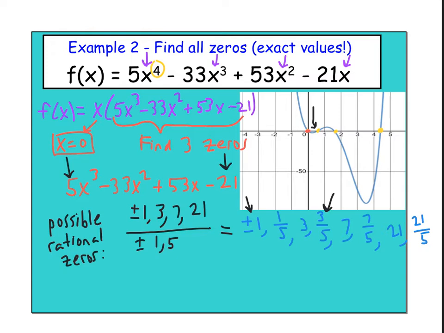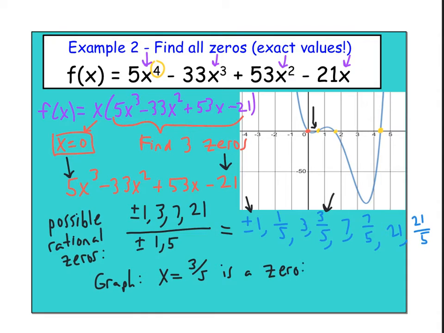So let's try it. We're going to check 3/5. Or what you could do is graph the thing and find the 0. And if you know that it's 3/5, you can use that. But here's what we're going to do. Let's say we graphed it, and let's say we know that x equals 3/5, it might show up as 0.6, is a 0.